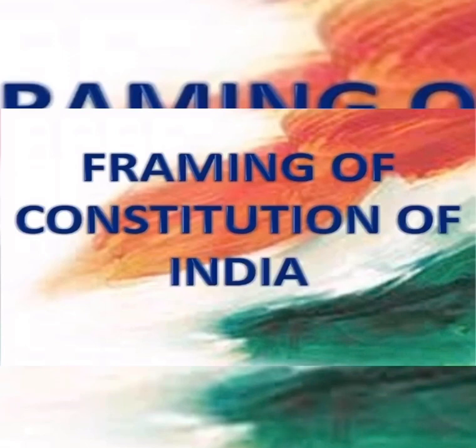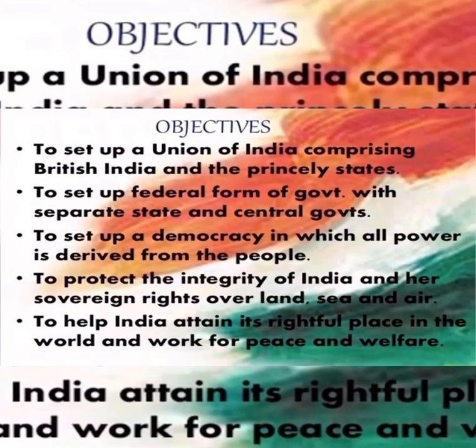Coming to the framing of the Constitution of India. The objectives behind it are to set up a Union of India comprising British India and the princely states, to set up a federal form of government with separate state and central governments, to set up a democracy in which all power is derived from the people, to protect the integrity of India and the sovereign rights over land, sea and air, to help India attain its rightful place in the world and work for peace and welfare.